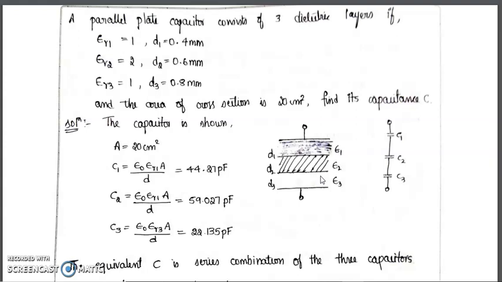The equivalent capacitance of these series connected capacitors will be equal to the total capacitance of this composite capacitor.